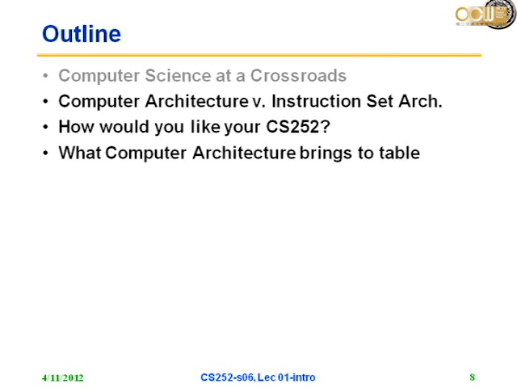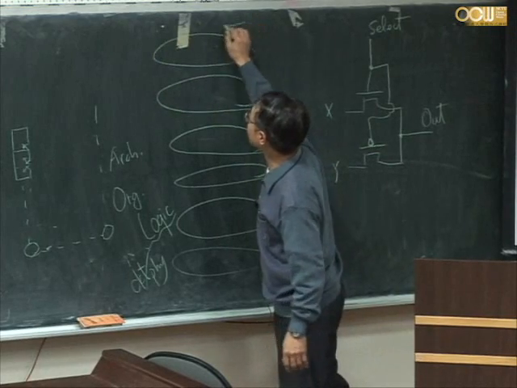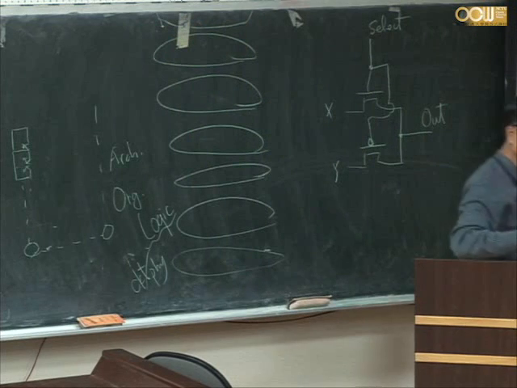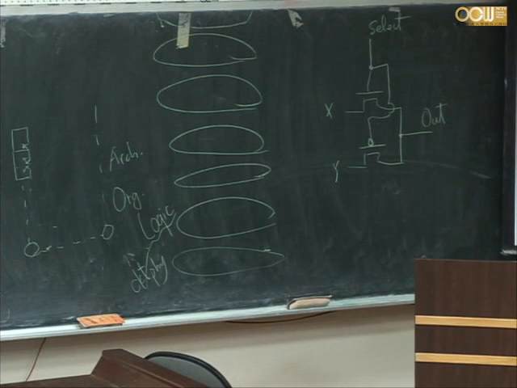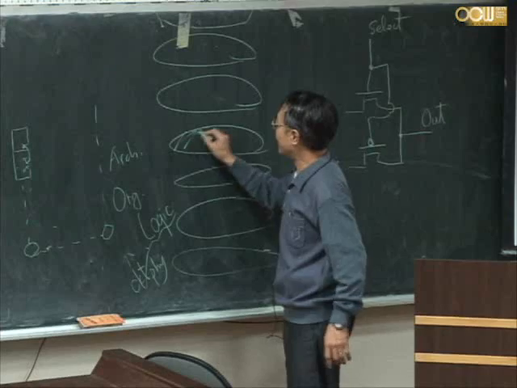Above that, what levels do we have? Maybe we have higher levels, like compilers, OS, applications, and whatever possible uses of IT, information technology, we can have. Okay, so here we are. We're on the architectural level.